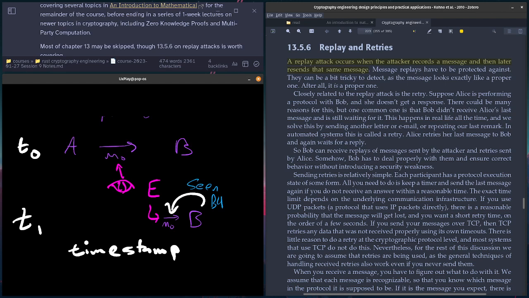And that's basically all there is to understanding replays and retries. It's that the network cannot be assumed to be honest. The network can shuffle messages. The network can intentionally delay messages. And using a timestamp and being able to differentiate message 0 from another version of message 0 is important.